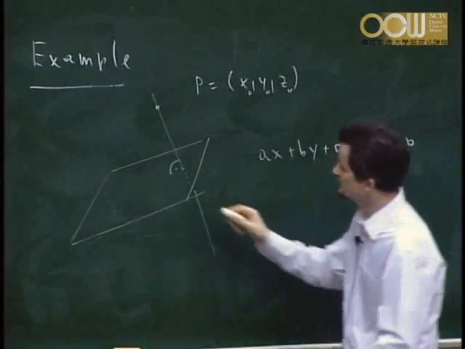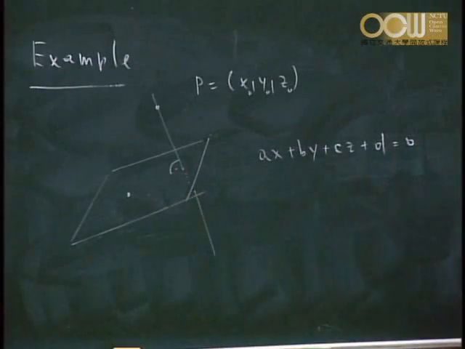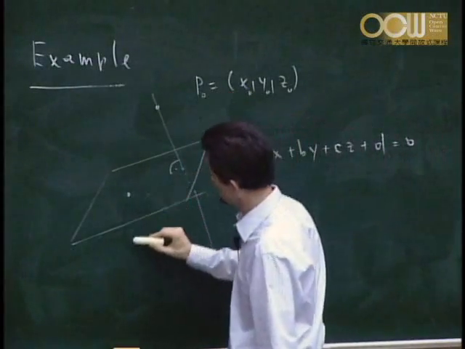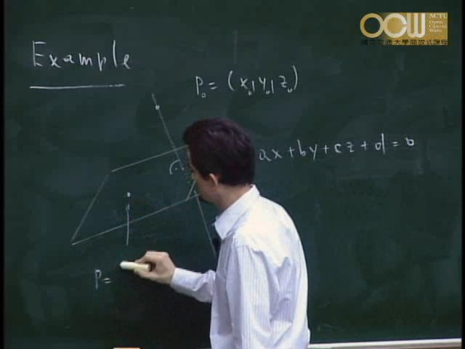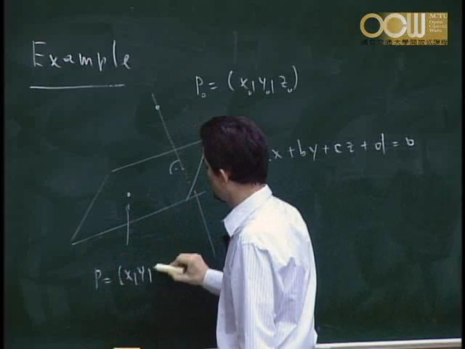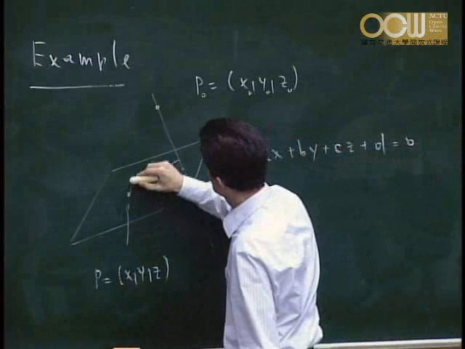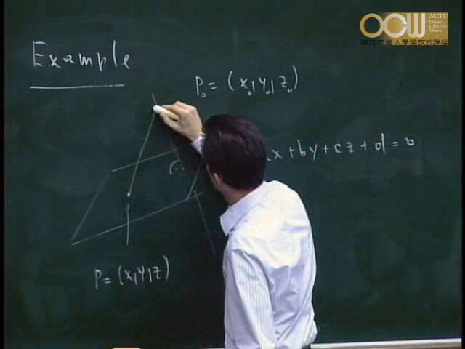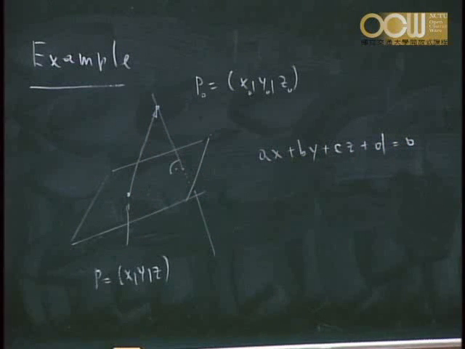So what you do is, okay, you pick any point in the plane. Let's say this is the point P with coordinates x, y, and z, and then you look at this vector here, the vector from P to P0.